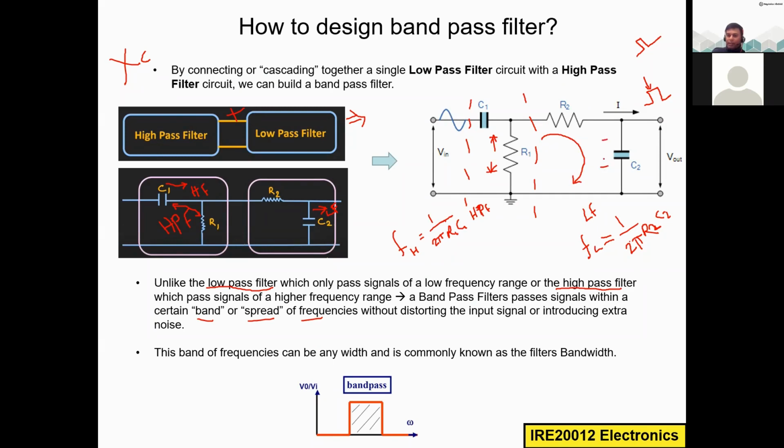Maybe you studied this last year in network theory or circuit theory. So this is really calculating with respect to time. Now we are going to do the same with respect to frequency. That is what the Laplace transform is going to help us with.